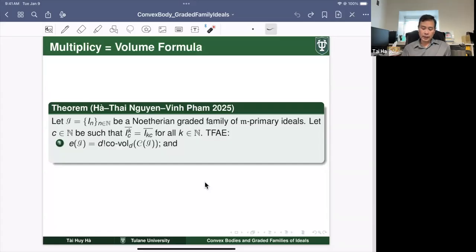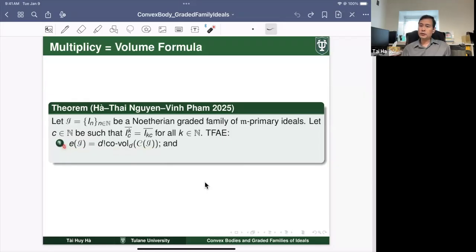So we prove that if we start with any gridded family, a Noetherian gridded family of m-primary ideals, and let C be the C that we have seen in the characterization of Noetherian Rees algebras, then the following are equivalent. We have this multiplicity equal to volume formula. Again, the multiplicity of the family is d factorial times the volume of the complement of the limiting body inside the first quadrant.